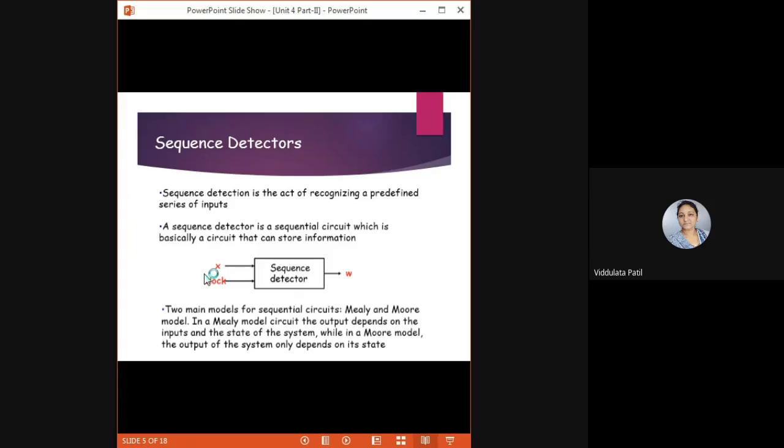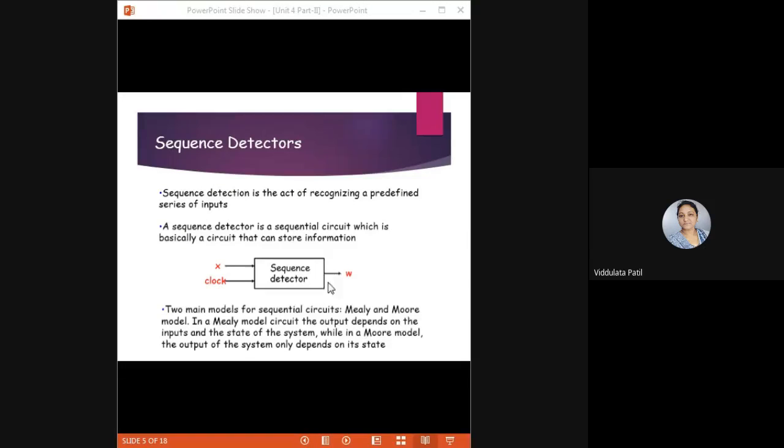It may be a rising edge of the clock or a falling edge of the clock. But depending on that clock signal, it will check what the input is at that state. And then X is the input. So it will check whether we are getting the predefined sequence of inputs here, and if we are getting that sequence, then the output will be high.